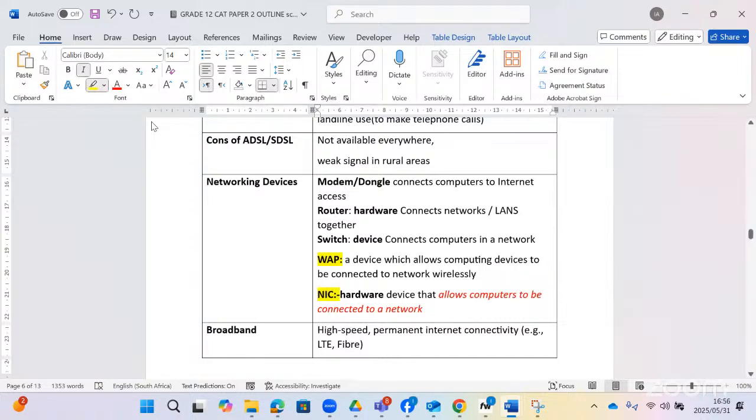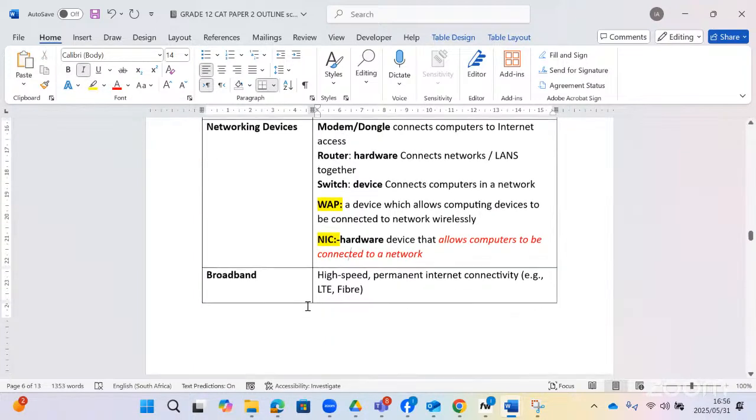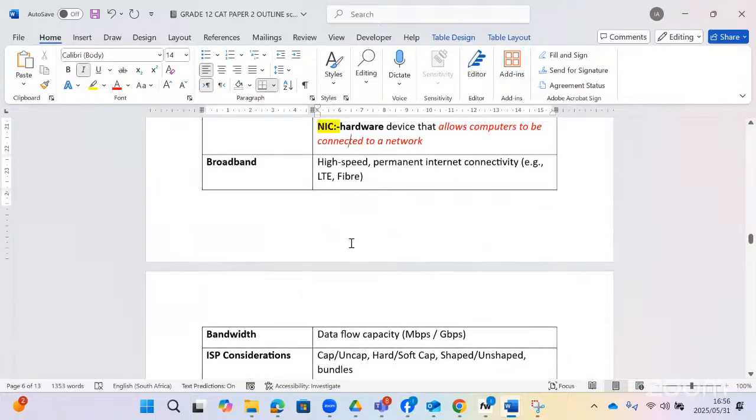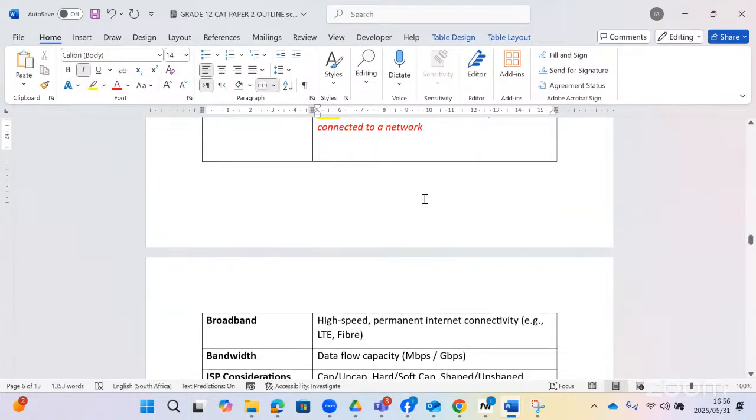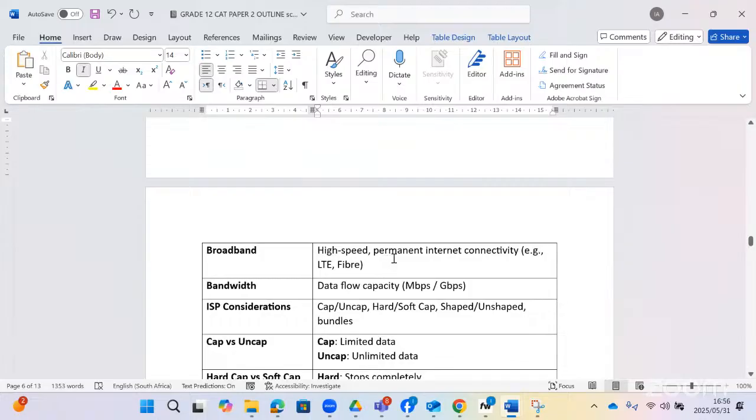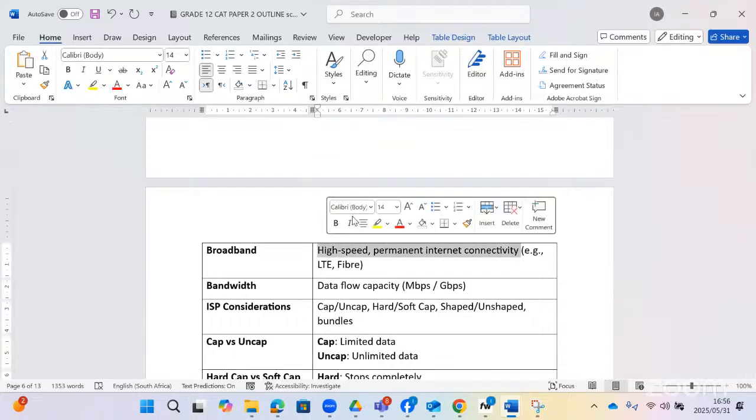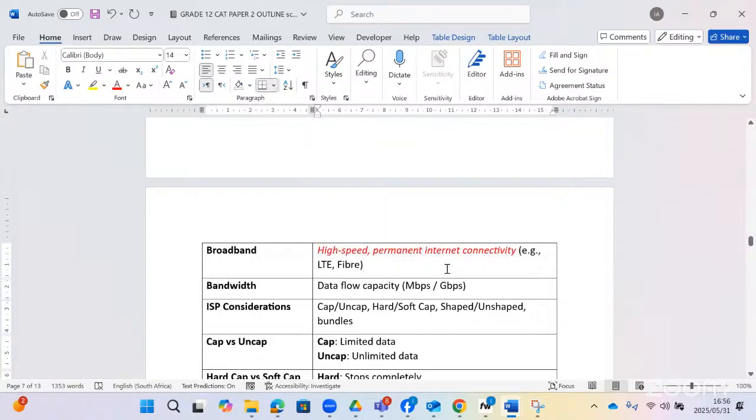Now, we move on to the next one, which is broadband and bandwidth. You must know how to compare these two. Broadband is a high-speed permanent internet connectivity. These are keywords. You cannot leave any of them. High-speed permanent internet connectivity. Examples are fiber, LTE, ADSL, SDSL, and the rest. So all these are types of internet connectivity with a higher speed, and we call them broadband.